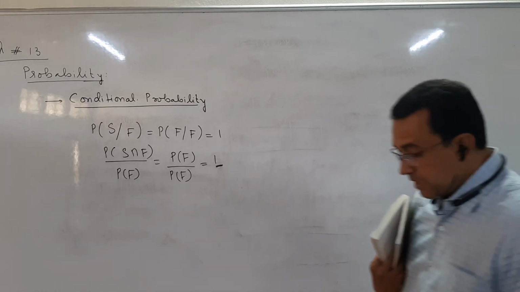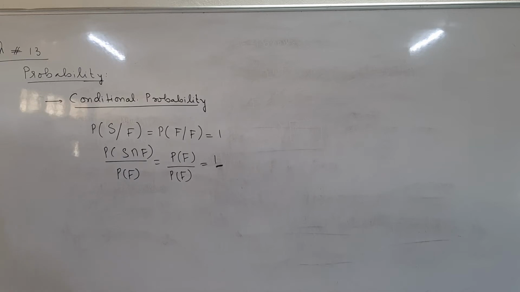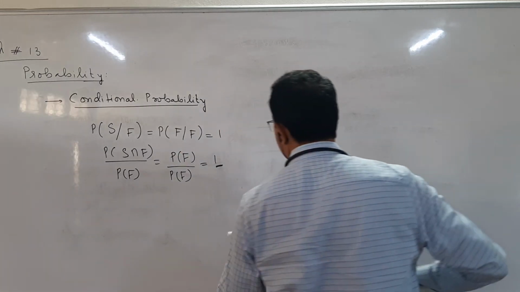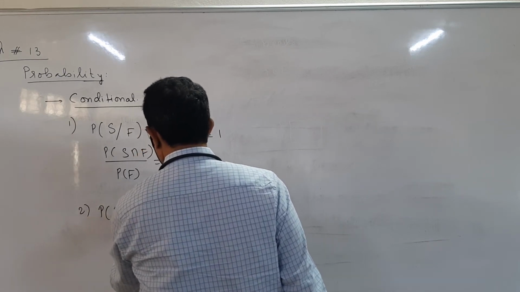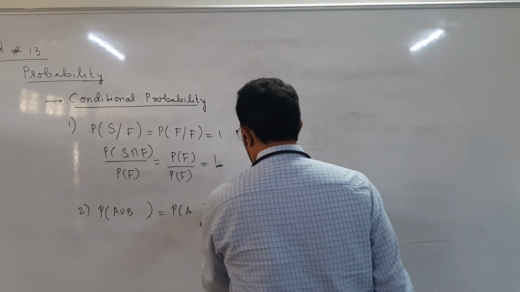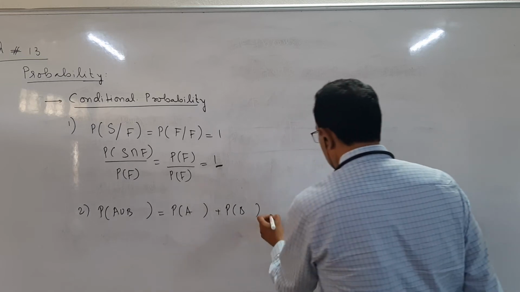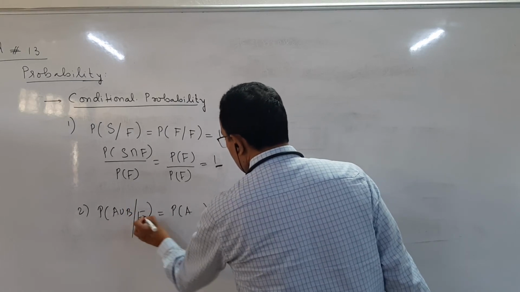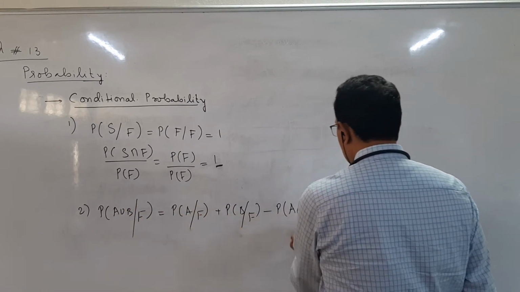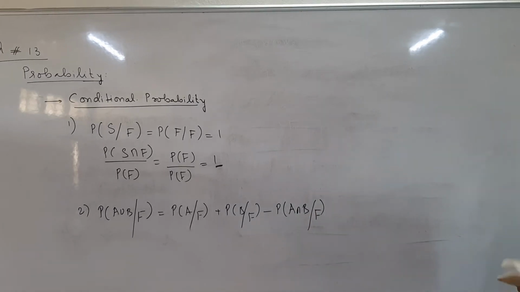Now students, A, B and F are events defined by a single sample space S. All of you know this formula: probability of A union B is equal to probability of A plus probability of B minus probability of A intersection B. If this occurs on the condition that F has already occurred, then also this law remains universal.